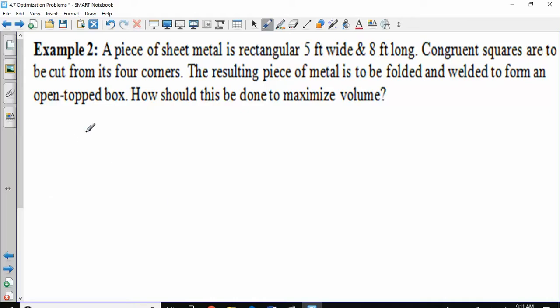So I'm starting with a piece of metal. And I even know the dimensions of that metal. It's a rectangle. My width is 5. My length is 8. And then I'm going to come in and cut the corners out of this.